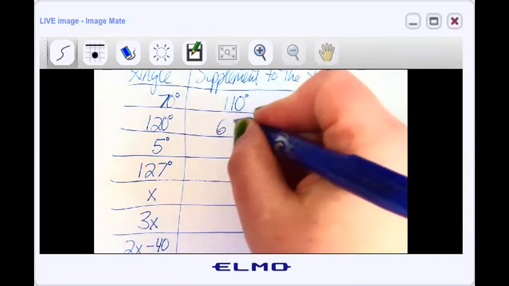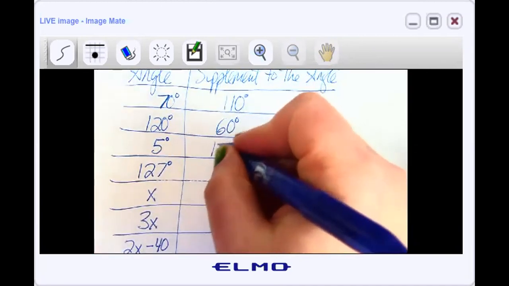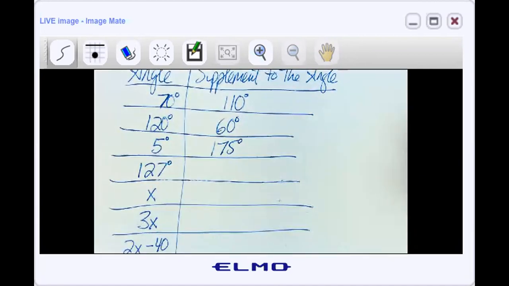Yes, 60. My two angles just have to add up to be 180, right? So 60 works. All right, if my original angle was 5, Molly B, what would my supplement be? 175. You got it, 175. And if my original angle was 127, Katrin, what would my supplement be? 53.